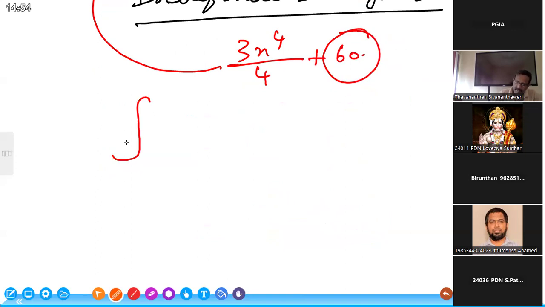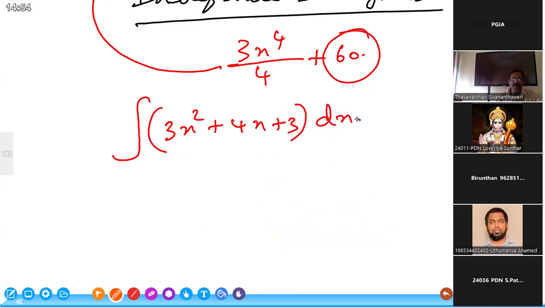Try this: integration of 3x square plus 4x plus 3 dx. So we'll have to handle this individually. When you say integration of this, you will have to handle them individually.